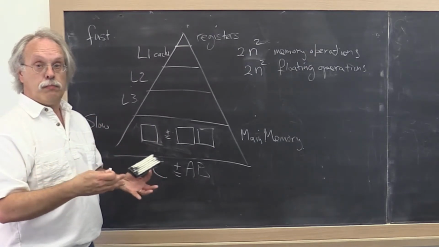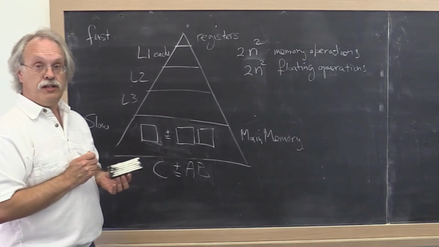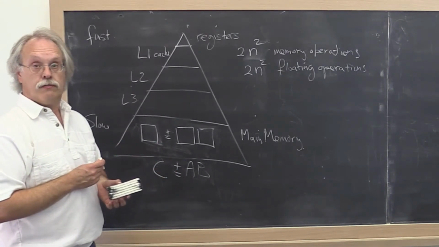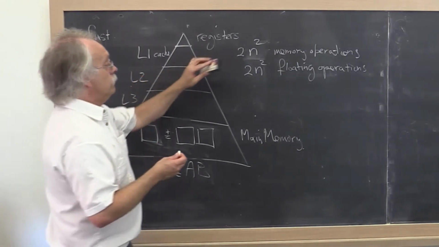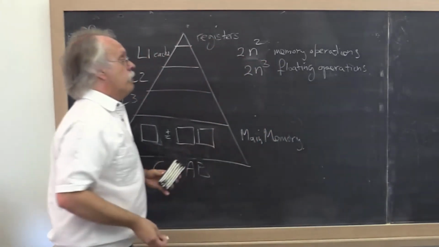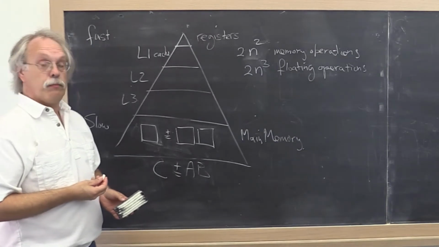A matrix vector multiply is 2n squared floating point operations. A matrix-matrix multiply is therefore 2n cubed floating point operations.